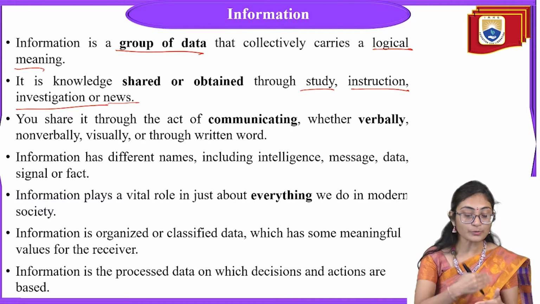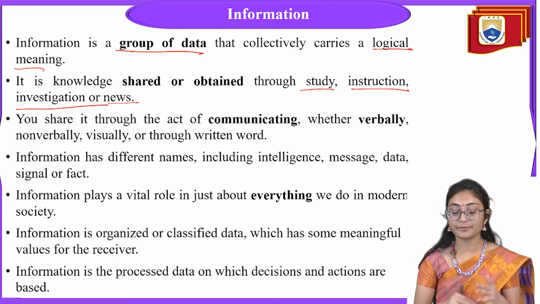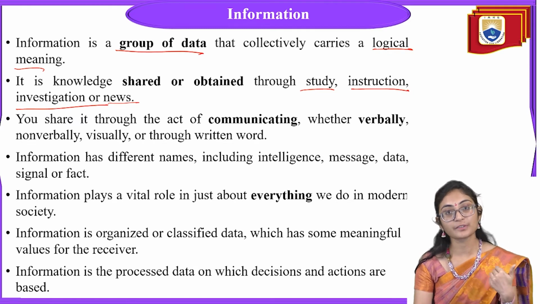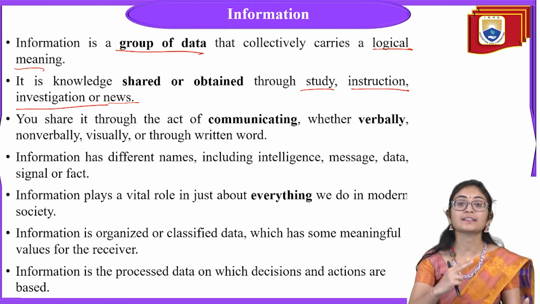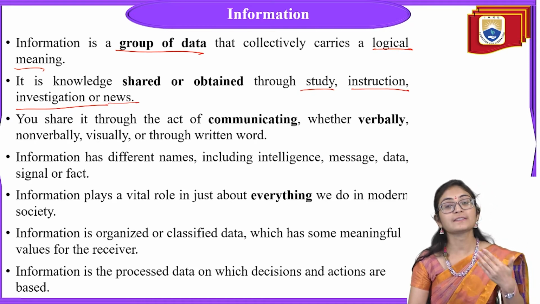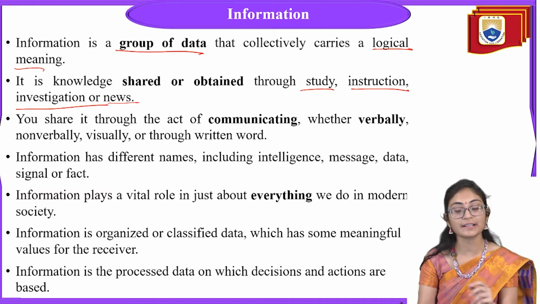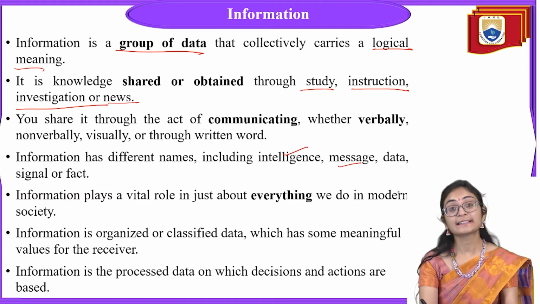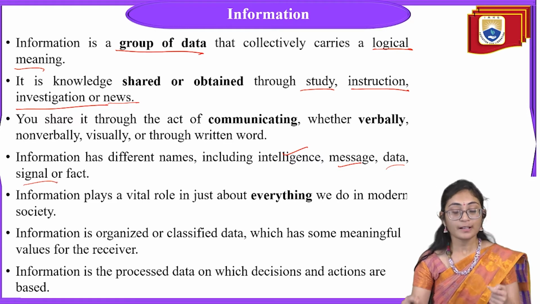But you have to share it through communicating, whether it is verbally or non-verbally, visually or in written word. That means you have to share that information, that data, by various methods. That information has various different names, including intelligence, message, data, signal, and some facts also.